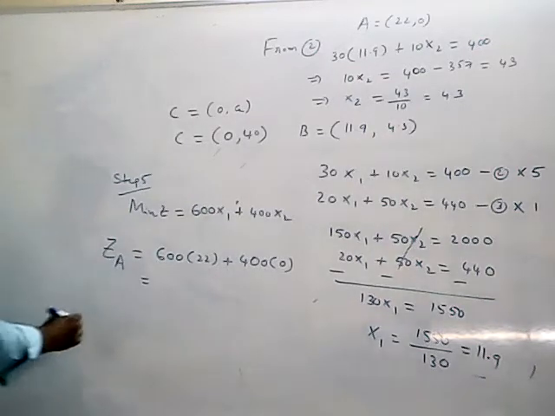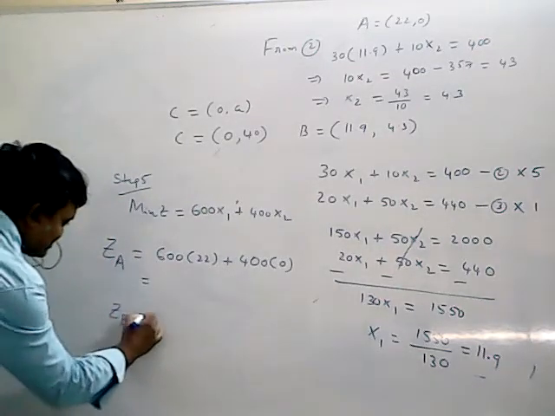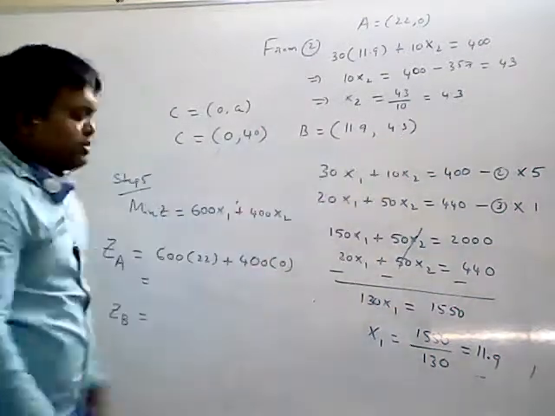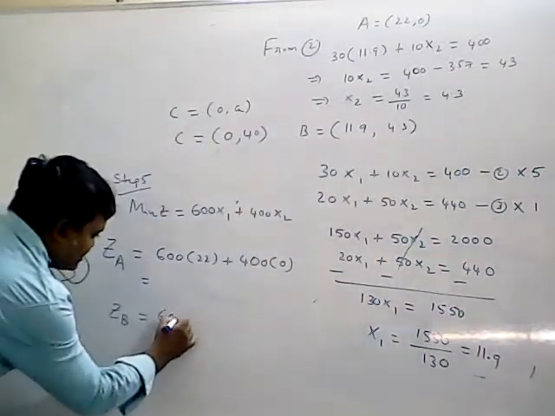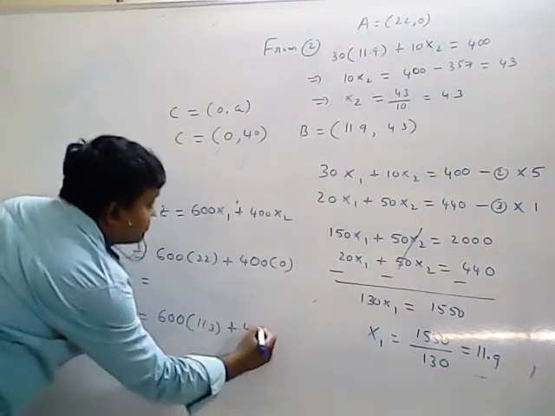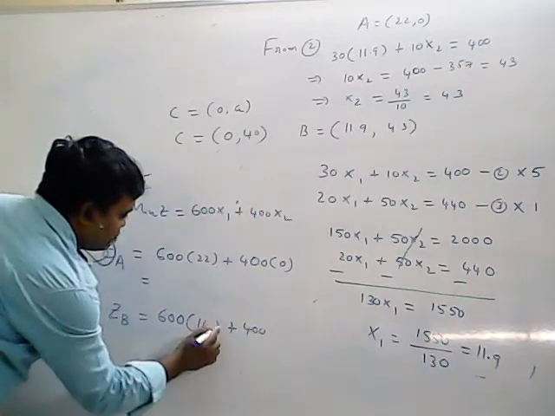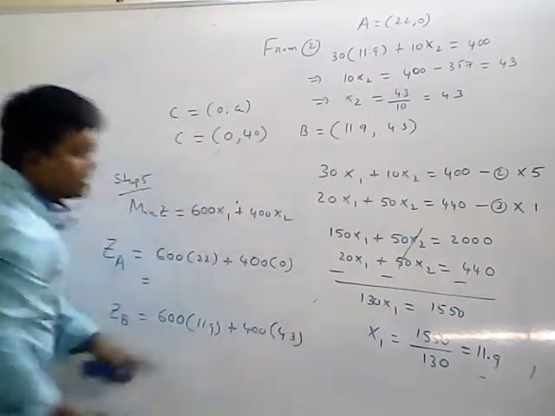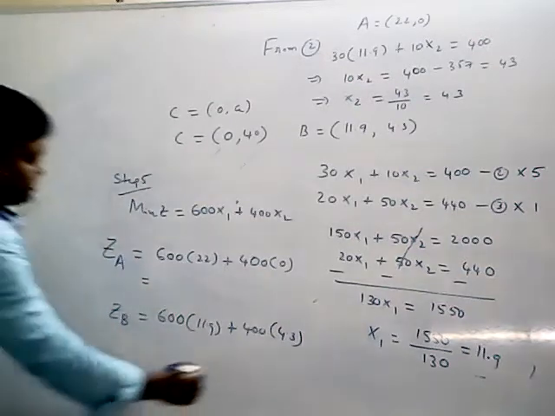Use the calculator. Next ZB. What is the B point? 11.9, 4.3. That means 600 into 11.9 plus 400 into 4.3. You can calculate by using the calculator and you will get the value here.